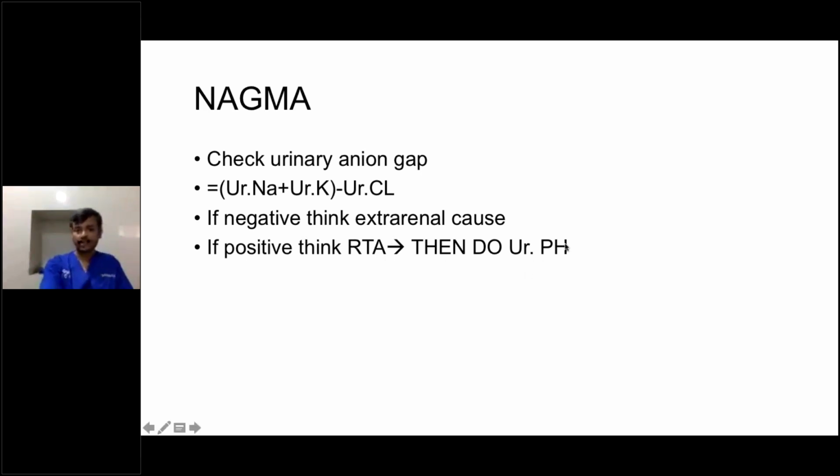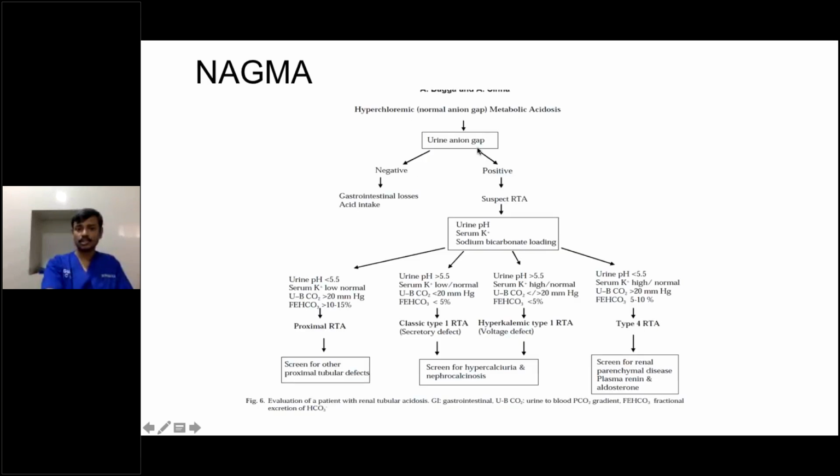So this is how we calculate. In case of hyperchloremic acidosis, look at the urinary anion gap. If negative, GI loss. If positive, kidney, that is RTA. Look at the urine pH. If urine pH is low, less than 5.5, that becomes proximal renal tubular acidosis. If pH is more, it is either type 1 or type 4 RTA, depending upon the serum potassium.